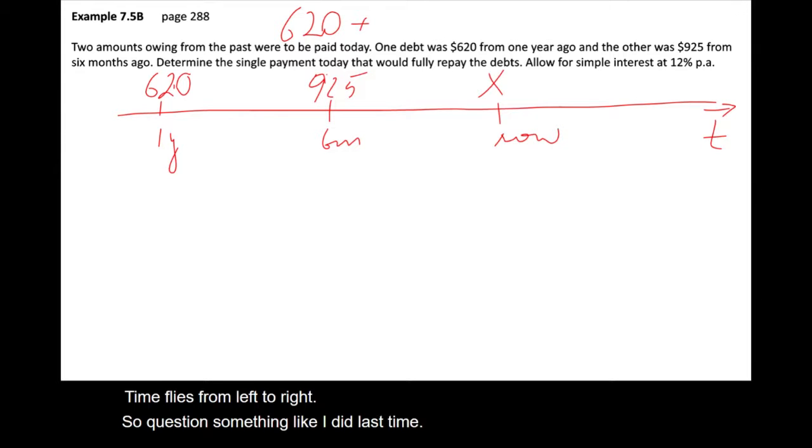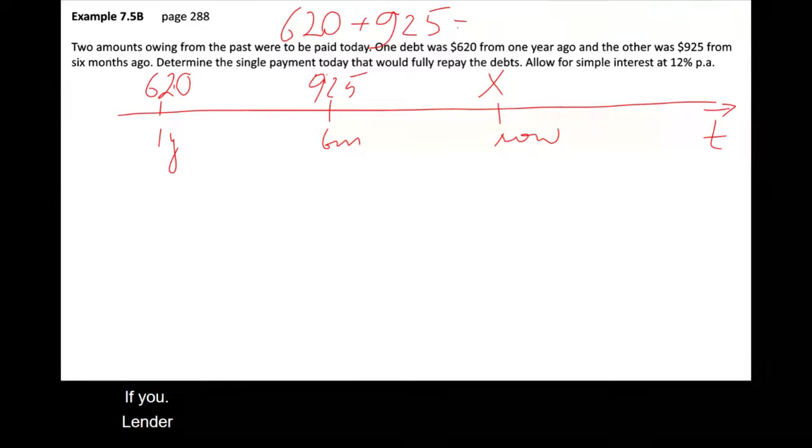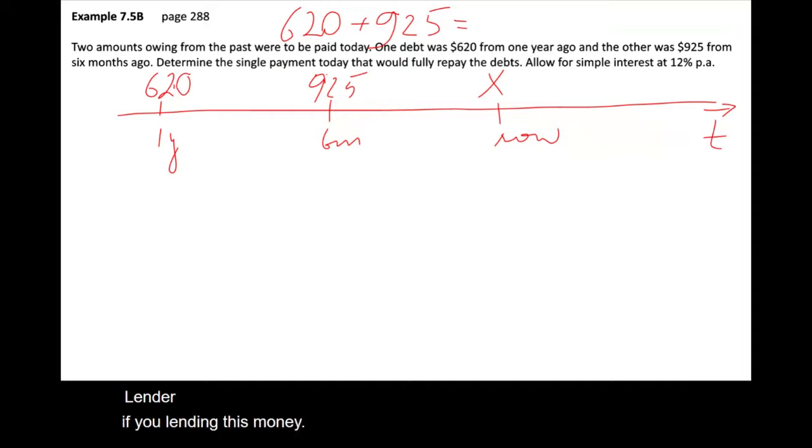So a question, something like I did last time. If you are the lender, if you are lending this money, would you accept 1545? No, because there's no interest on it. Yes, exactly.